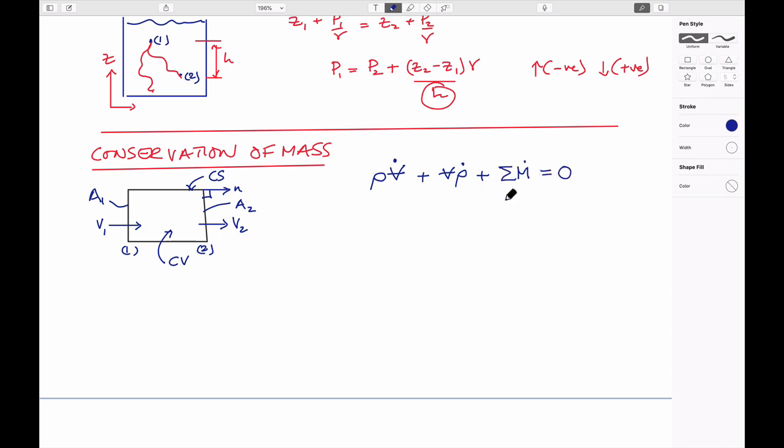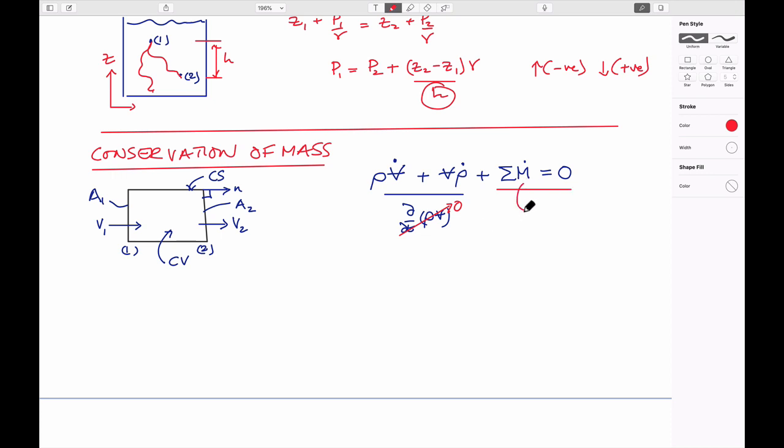Basically, mass rate in equals mass rate out, and if the volume of the control volume changes, or if the density included in a static control volume changes, these represent rates of change of the product of volume and density. So this is just a differentiation of this particular term. If it's steady state, then these two terms are equal to 0, and you're just left with this particular term.